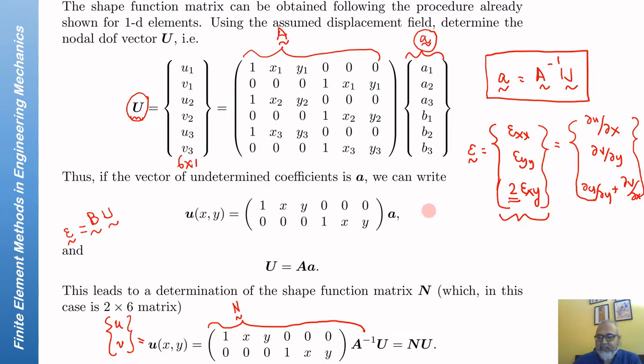In this case it is a 3 cross 1 vector. This we know is a 6 cross 1 vector. So your B has to be a 3 cross 6 matrix, which we will now formulate.